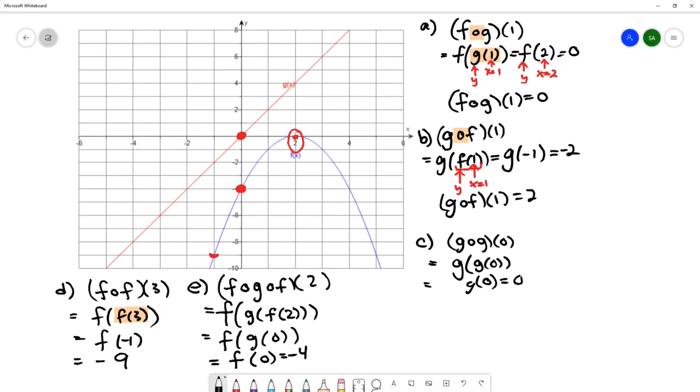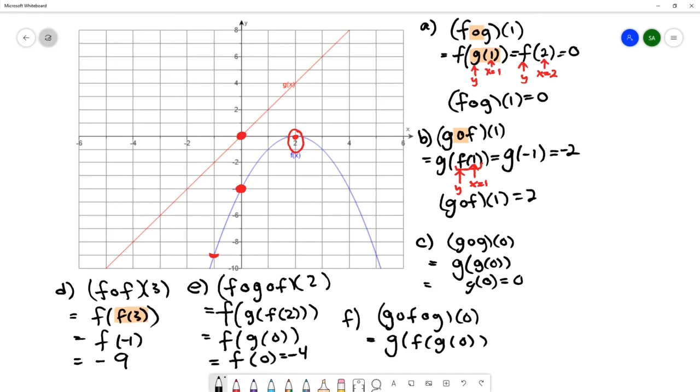And we finally have one more to go. That's g composed with f. This is part F, g composed with f composed with g of 0. On this one, we'll rewrite it as g of f of g of 0.